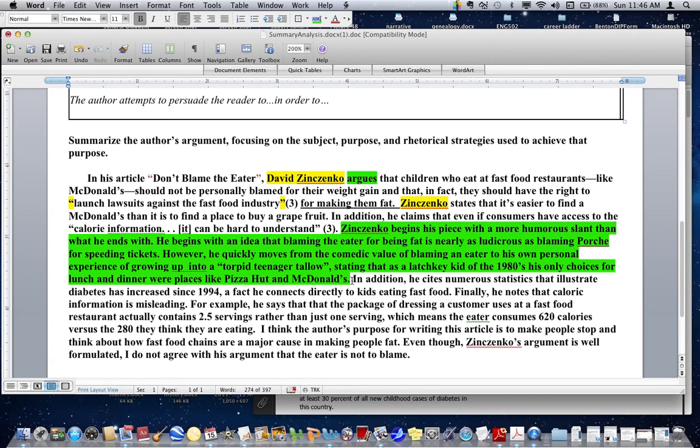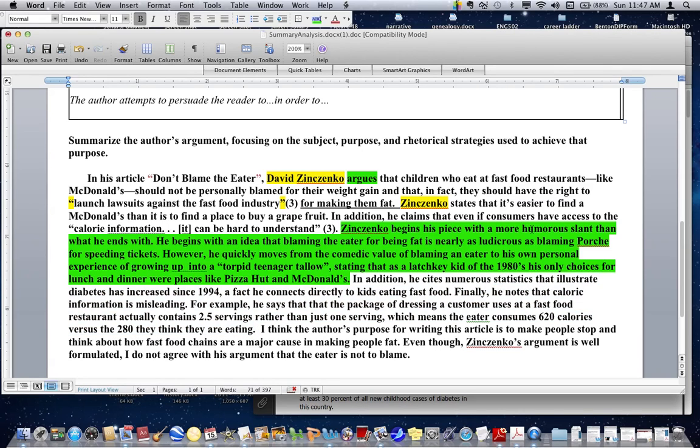In addition, he cites numerous statistics that illustrate diabetes has increased since 1994, a fact that he connects with eating fast food. And then finally, he notes that caloric information is misleading. And more information directly from the text is listed here, but he's talking about statistics now.